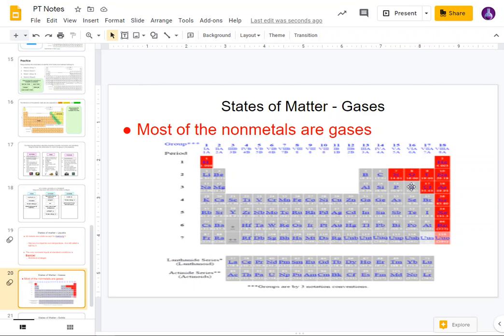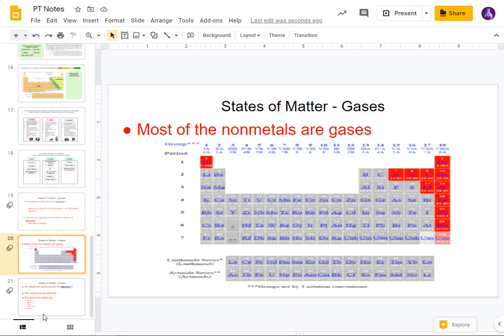So there's a few nonmetals that are solid at room temperature. Mercury, which is right here, Hg, that one's your metallic liquid. Bromine, your non-metallic liquid. All of these red ones being your gases at room temperature, which are mostly all the nonmetals there.